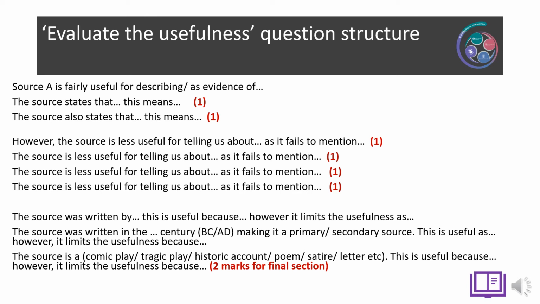The source is a, and then you might choose to insert a comic play, tragic play, historic account, poem, satirical writing, letter, whatever at this point. This is useful because, however, it limits the usefulness because or as. For this final section, you can gain a maximum of 2 marks.